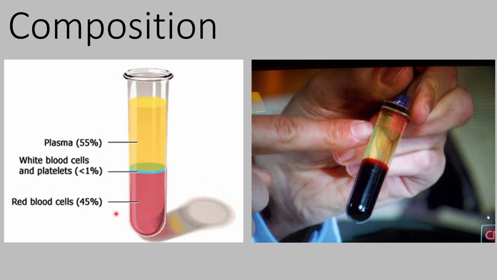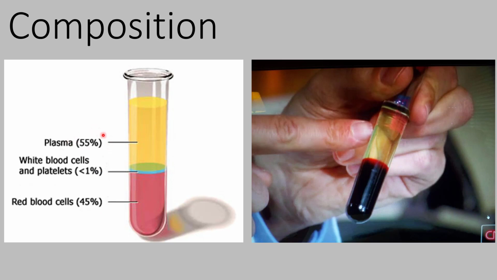So, here's back to our artist rendition. And in the blood sample, typically, if everything is going correctly, we should have a hematocrit. Remember, that's the amount of red blood cells, the hematocrit, of about 45%. If it's higher or lower, that could indicate there's something wrong.